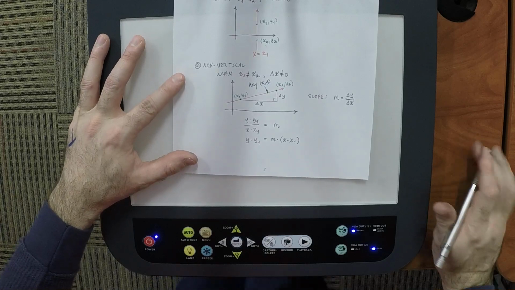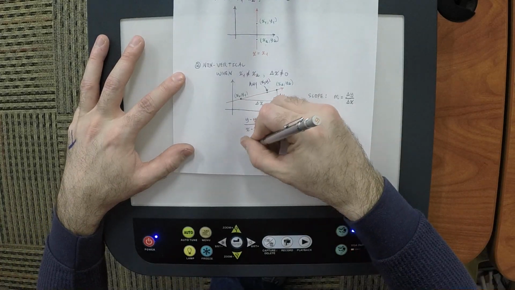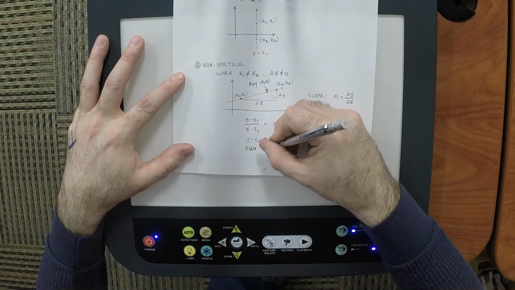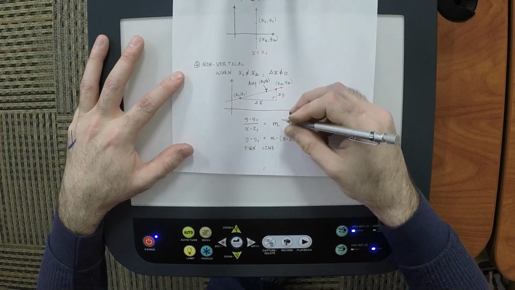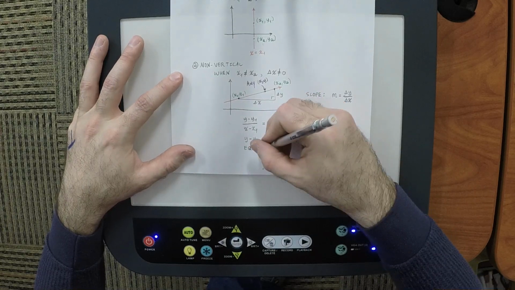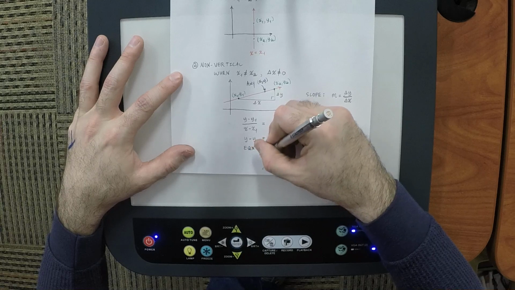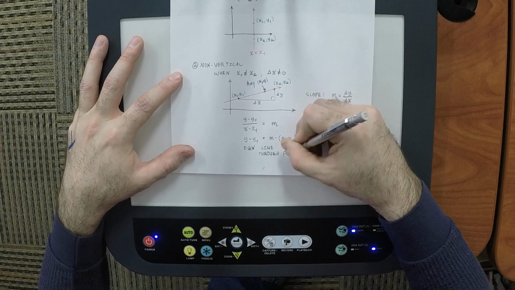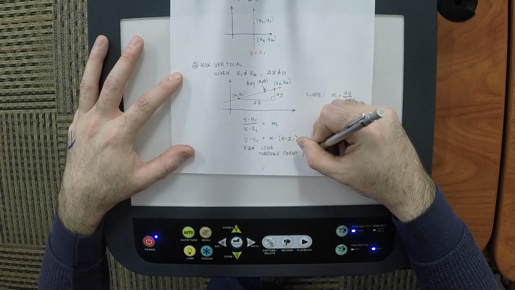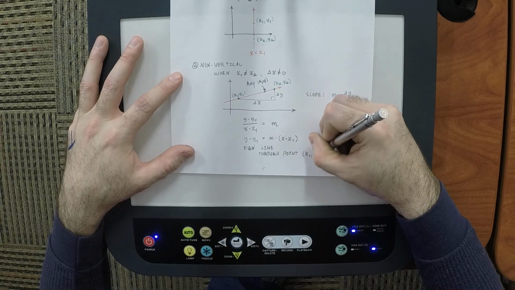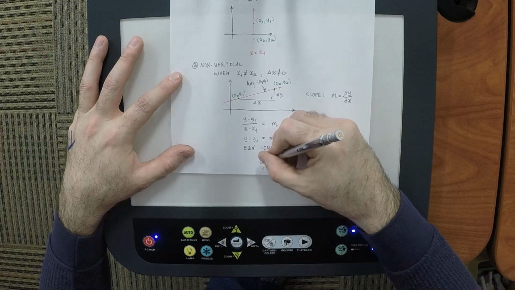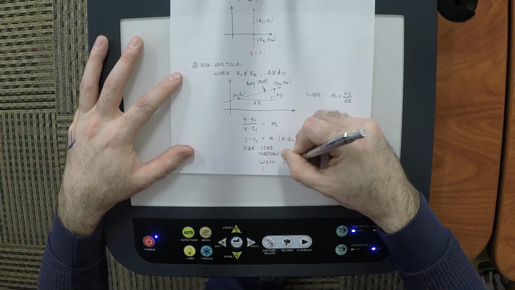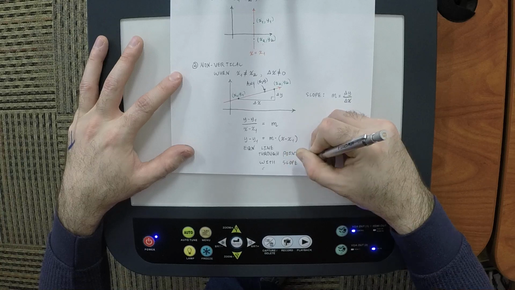Okay, so this is the equation of a line through point x1, y1 with slope m.